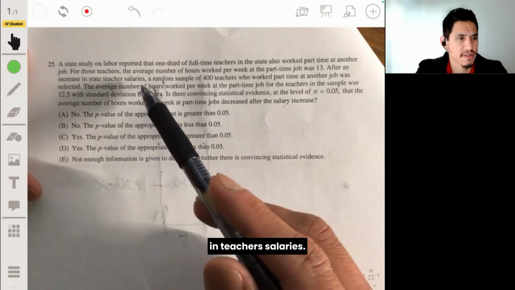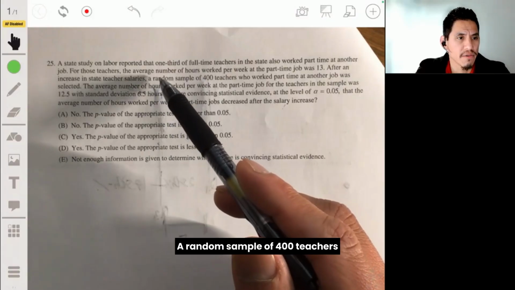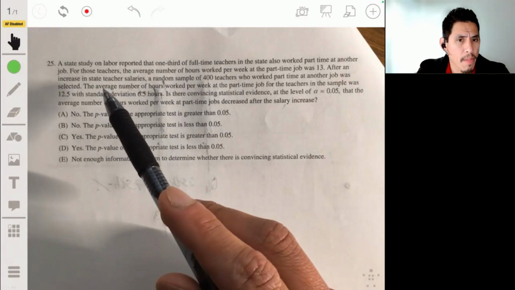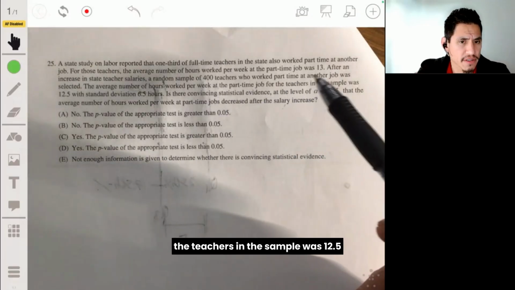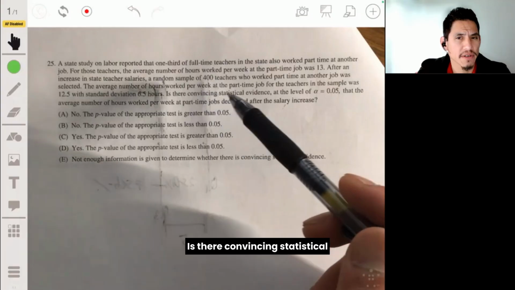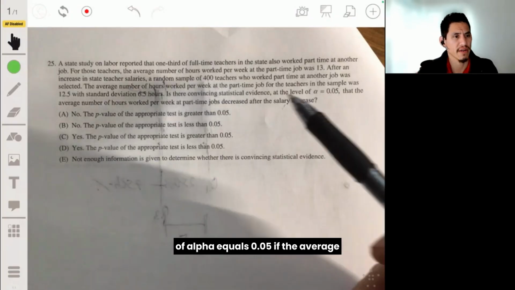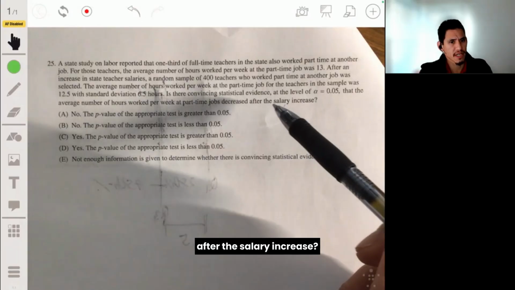After an increase in teachers' salaries, a random sample of 400 teachers who worked part-time at another job was selected. The average number of hours worked per week at the part-time job for the teachers in the sample was 12.5, with standard deviation 6.5 hours. Is there convincing statistical evidence, at the level of alpha equals 0.05, that the average number of hours worked per week at part-time jobs decreased after the salary increase?